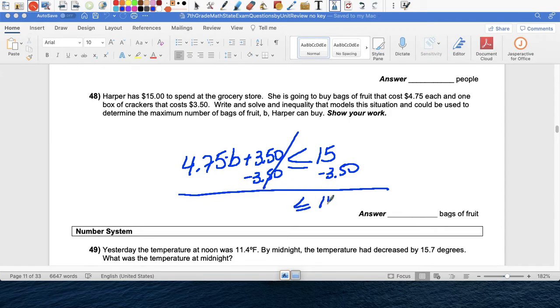That's going to give me 11.50 on this side and 4.75B, right? Divide both sides by 4.75. B has to be less than or equal to 11.5 divided by 4.75. B is 2.42. I don't think you can buy 2.42 bags of fruit, so the greatest number of bags of fruit that you can buy is 2.